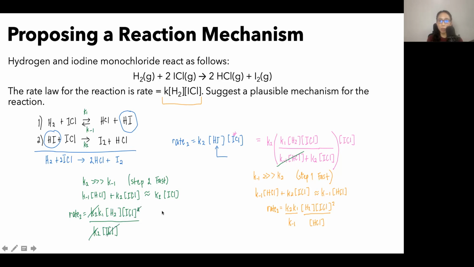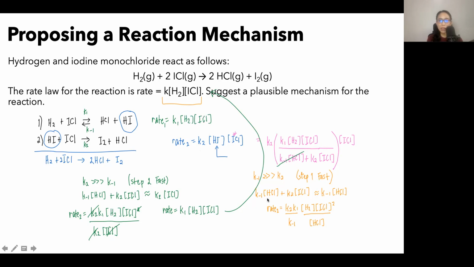And essentially, what do we have? We have the rate law for the first step, k1 times H2 times ICl. And this one is the same as your experimental rate law. So apparently, even without the steady state approximation, we could have just observed that the rate law for the first step is the same as the experimental rate law.